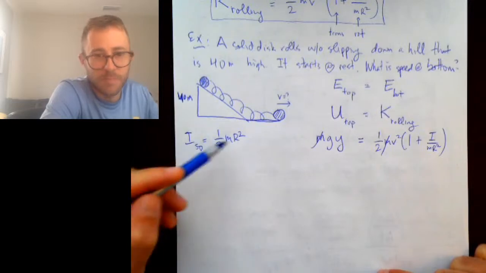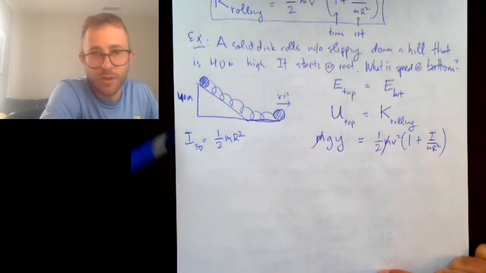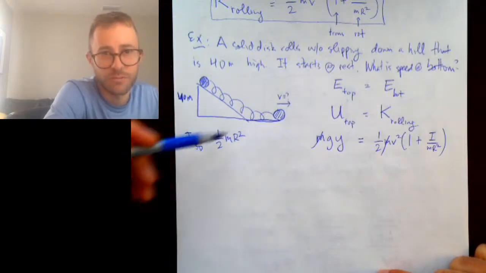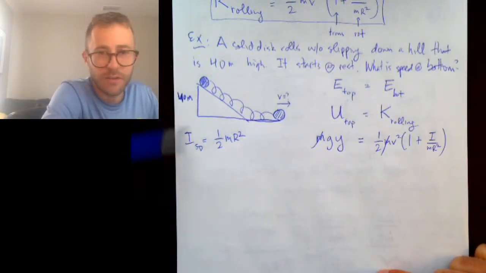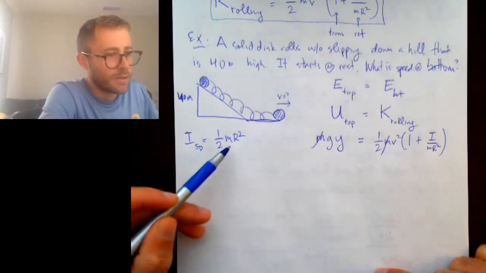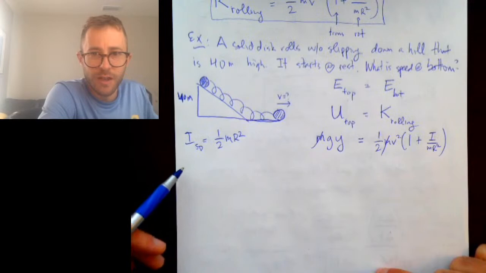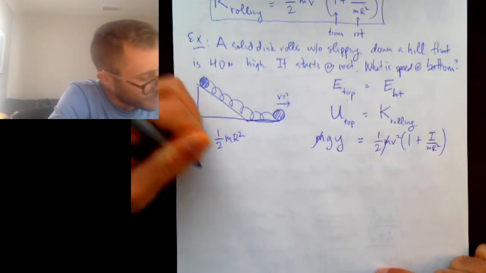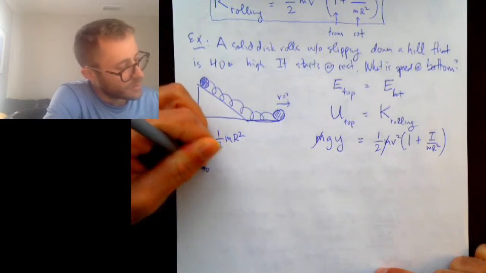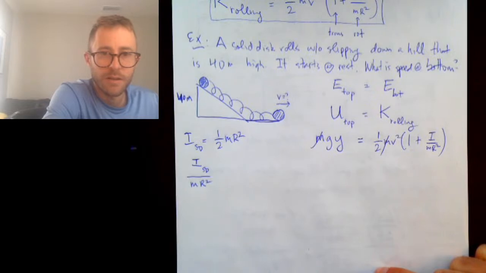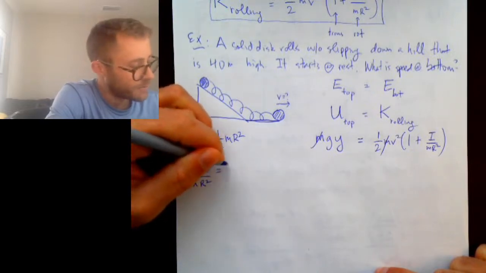You're expected to use this, but you don't have to know why this is true. So just take it for granted that that's 1/2 mr squared. Now if we divide both sides of that by mr squared, we get I of the solid disk over mr squared equals 1/2.